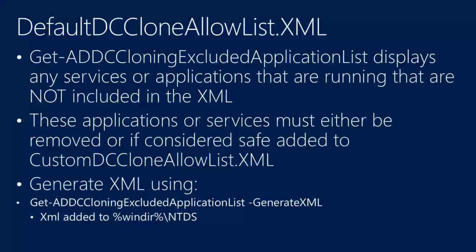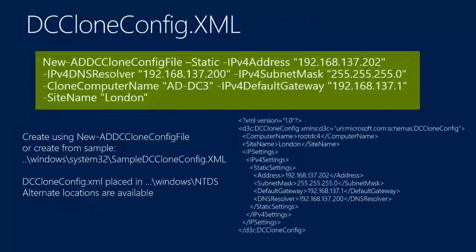And if it does, you run this little command, Get-ADDCCloningExcludedApplicationList -GenerateXML, and it does it for you. It creates an XML that accepts everything on that source machine as being OK for cloning. We've also got a cloning XML. I'll show you that in a second.